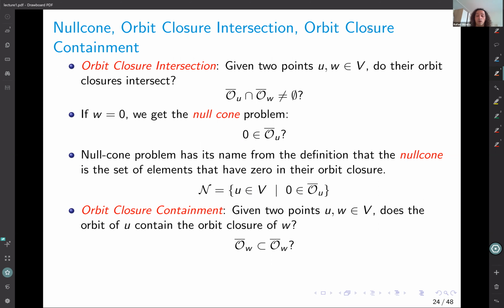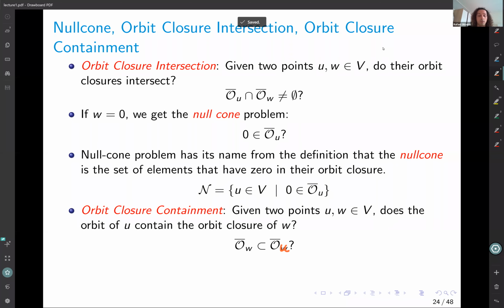As we saw, the orbits do not intersect, but the orbit closures intersect, and actually one orbit closure contains the closure of the second orbit. So we'd like to know as well, given 2 points U and W in the vector space V, does the orbit closure of U contain the orbit closure of W? And my apologies, this should have been a U here.